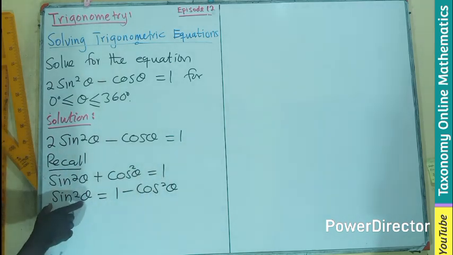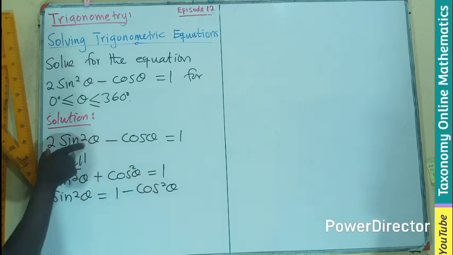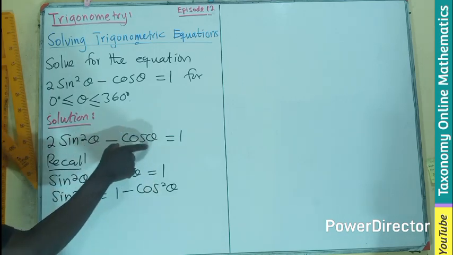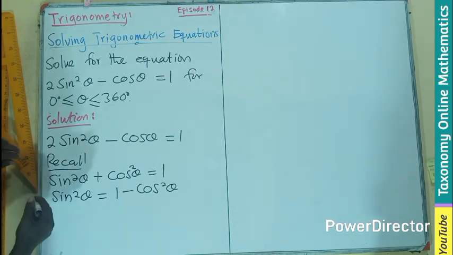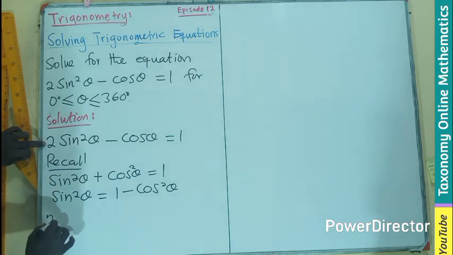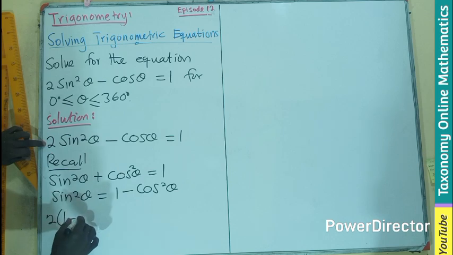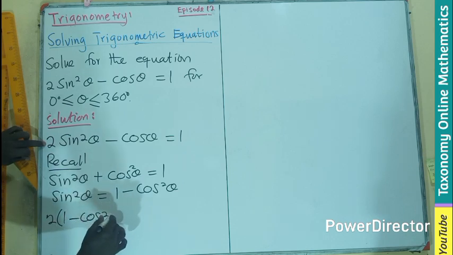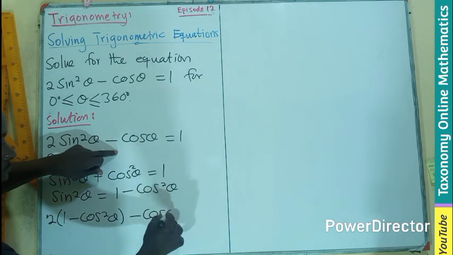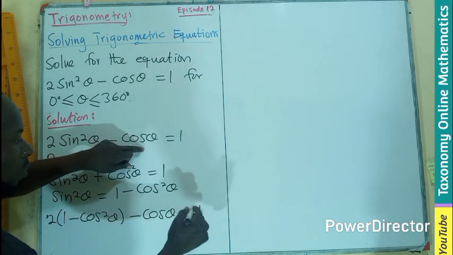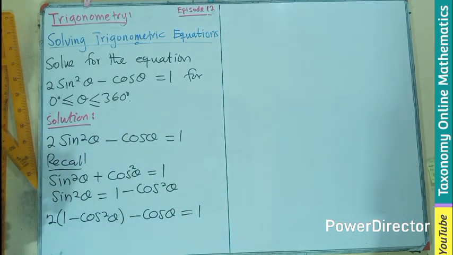Now, if I change this, both functions will be in terms of cos. So right here, I should have 2 into bracket 1 minus cos square theta, minus cos theta equals 1, by just simple substitution.